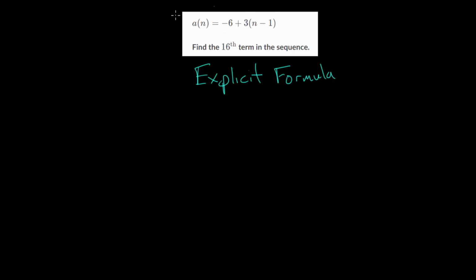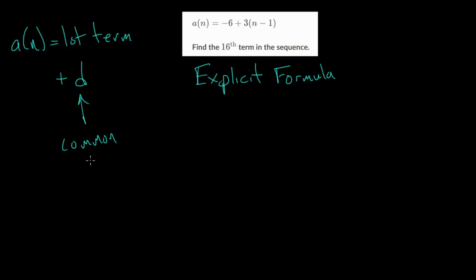And they don't directly tell you what the first term is, but in these formulas, for our sequence A of n, it's always the first term, so -6 in this case, plus d, which is our common difference, multiplied by n minus 1.